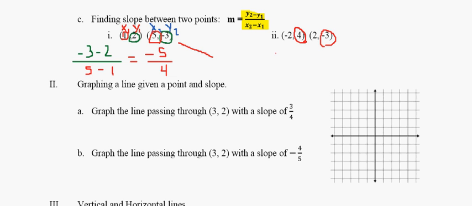I'm going to do y2 minus y1, so -3 minus 4 divided by x2 minus x1. Now here's where you have to be careful. x2 is 2 minus negative 2.